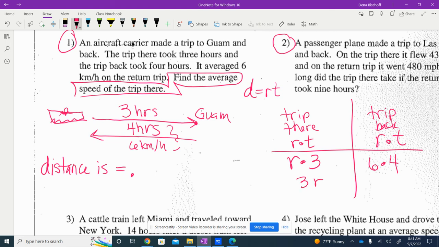So Rose told us that these two distances are what? The same. So that means I set these two equations equal to each other. So what is the average rate on the trip there?